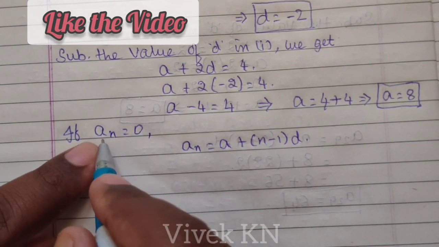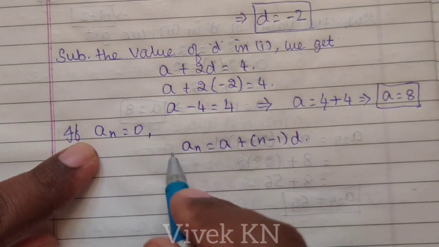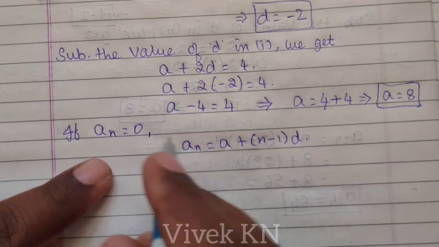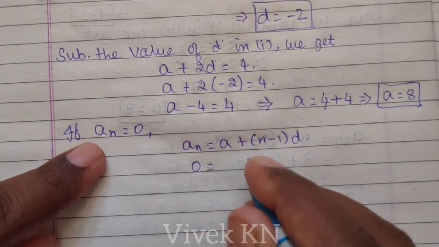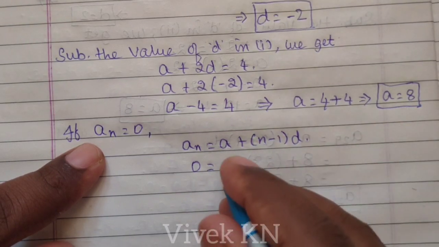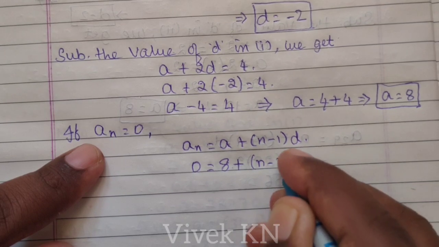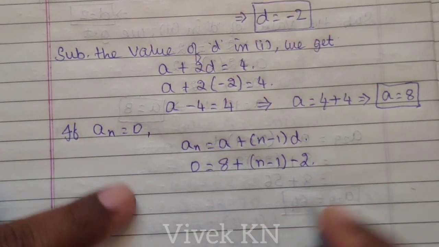Let us substitute the values of an, a and d in this nth term formula. We can easily get the value of n. So an is equal to 0 is equal to the value of a, 8, plus n minus 1 into the value of d, minus 2.